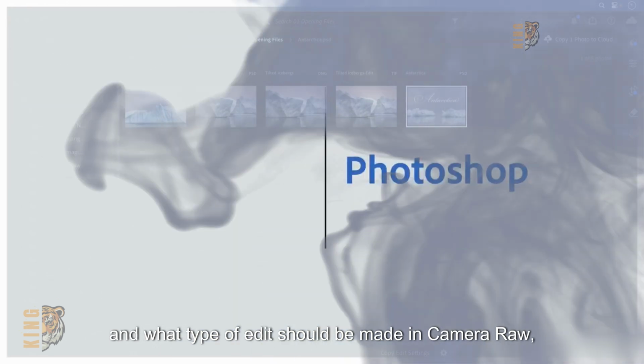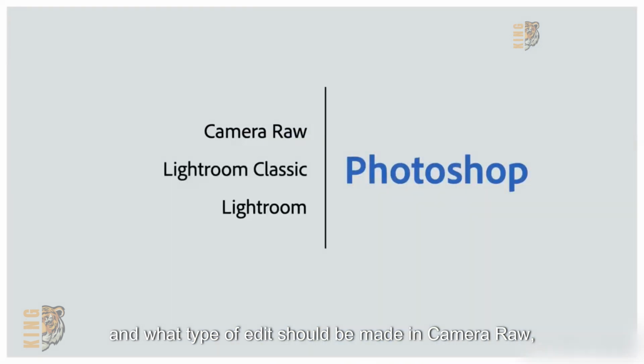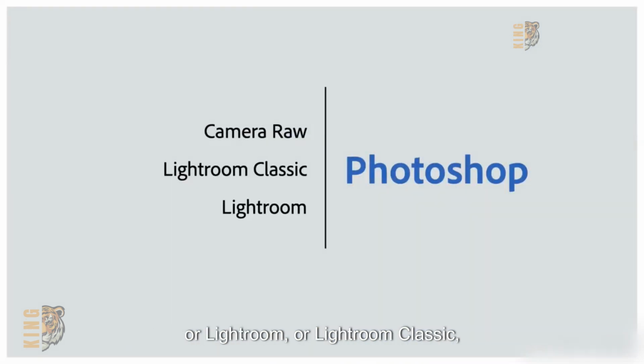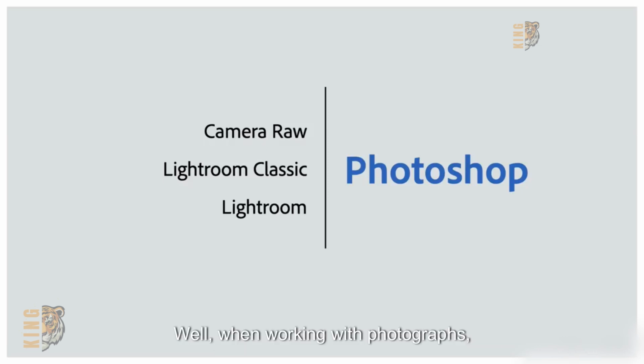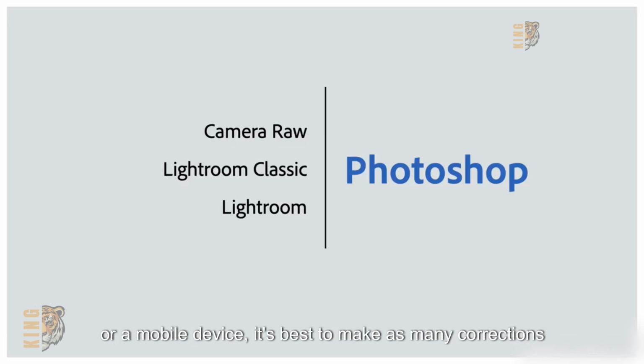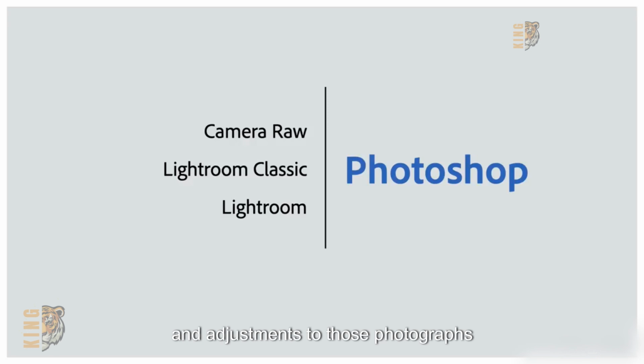I'm often asked when and what type of edit should be made in Camera Raw or Lightroom Classic, and what type of edit should be made in Photoshop. Well, when working with photographs, especially with RAW files captured on a digital camera or a mobile device, it's best to make as many corrections and adjustments to those photographs using the technology found in Camera Raw or Lightroom Classic or Lightroom before opening them into Photoshop.